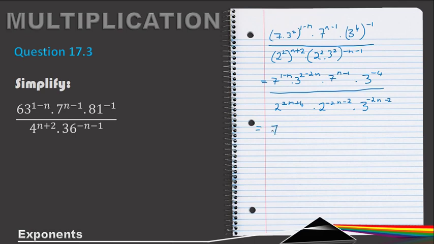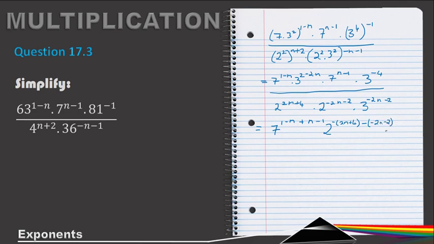So all our 7s, we've got 1 minus n plus n minus 1. And then we have our 2s, which is just going to be subtracted, so in brackets 2n plus 4 minus in brackets negative 2n minus 2.